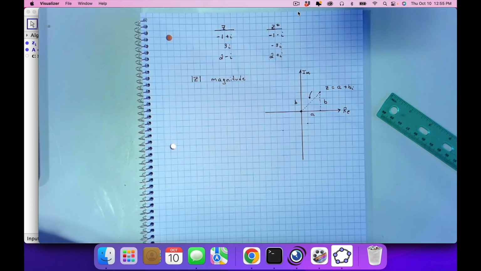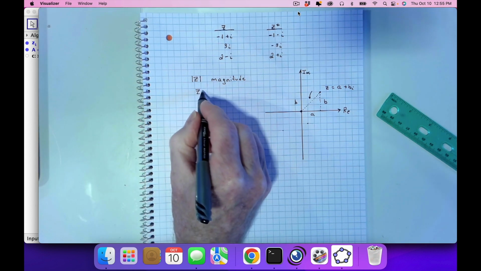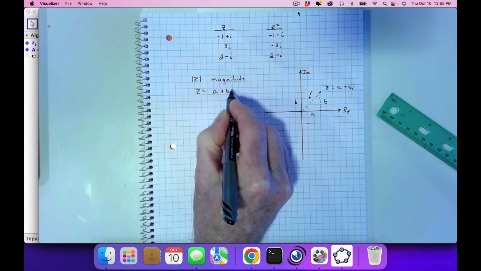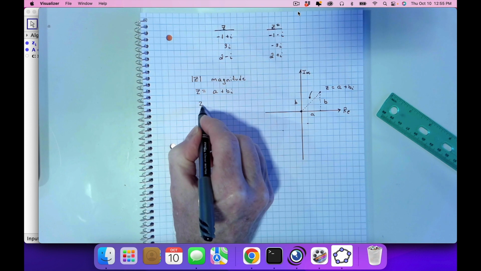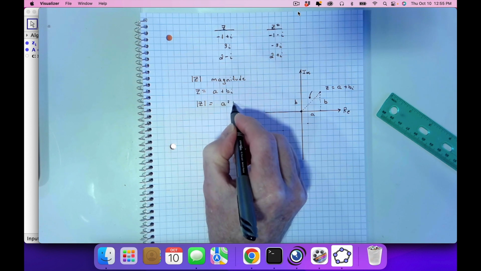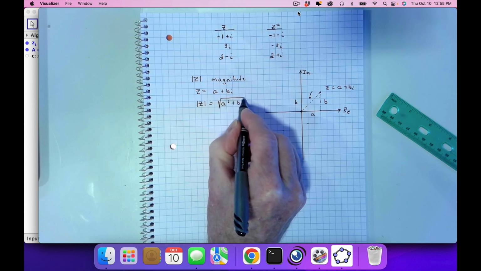It will be the hypotenuse of that triangle. So, if z is a plus bi, the magnitude of z is equal to the square root of a squared plus b squared.